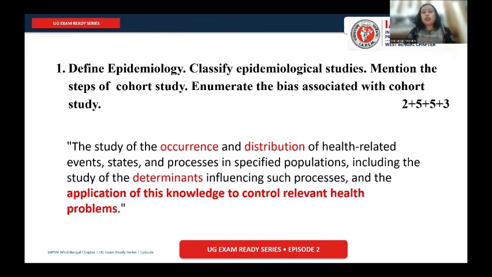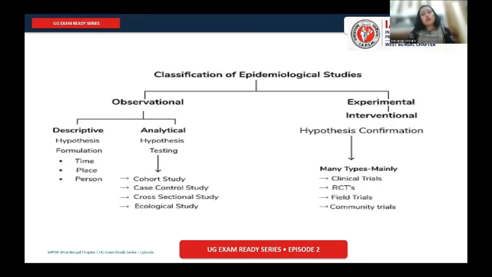Coming to the next part of the question, classify epidemiological studies. It contains 5 marks. So you give the standard classification where you divide the epidemiological studies into an observational study and experimental study. Observational studies are studies which you just observe. The researcher does not intervene. When the researcher is intervening, then it becomes an experimental study or an interventional study.